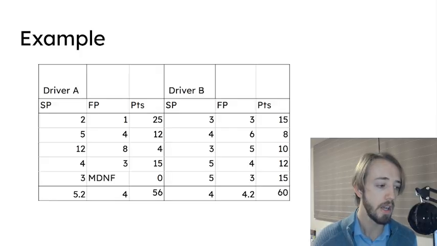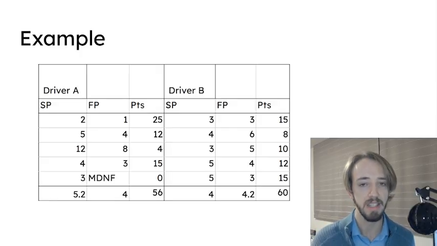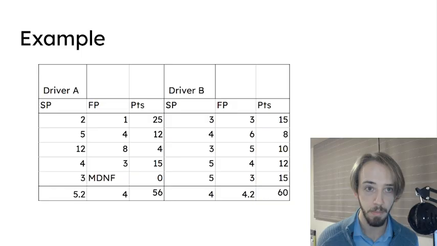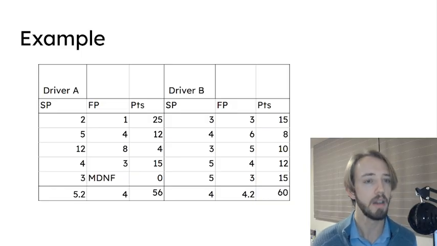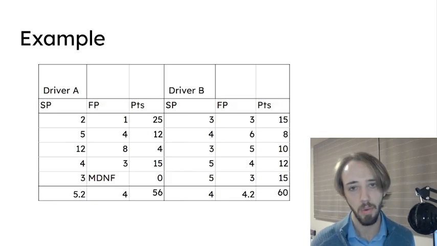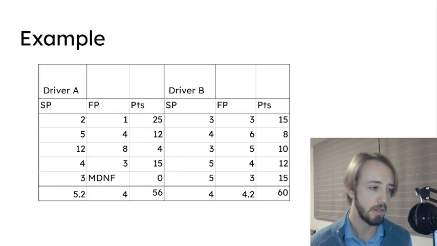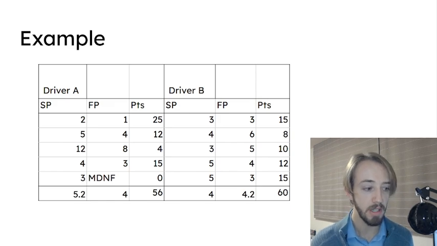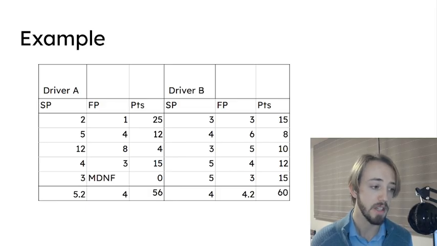So for driver A, this is obviously an abbreviated season. An F1 season is much longer, and traditionally my cutoff for how many races a set of teammates have to do for me to include it is about 9. Anything less than that, I won't include, simply because it's too small a sample size. In our hypothetical example, driver A finishes 4 points behind driver B: 56 points to 60.